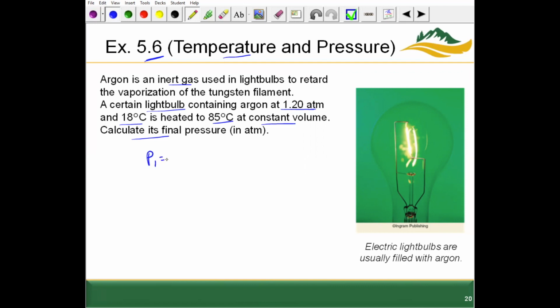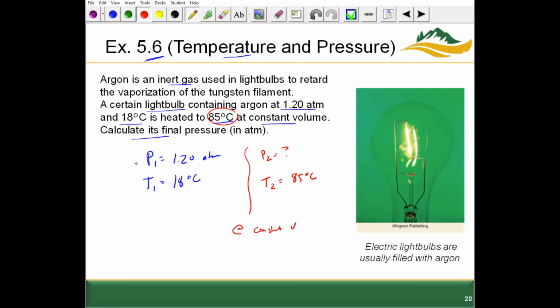So P1 is 1.20 atmospheres. The initial temperature is 18 degrees Celsius. Then we're going to be solving for a final pressure, or P2, given that the temperature increased to 85 degrees Celsius. And we are told we're at constant volume.